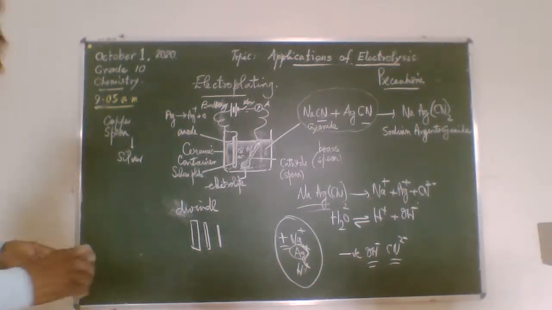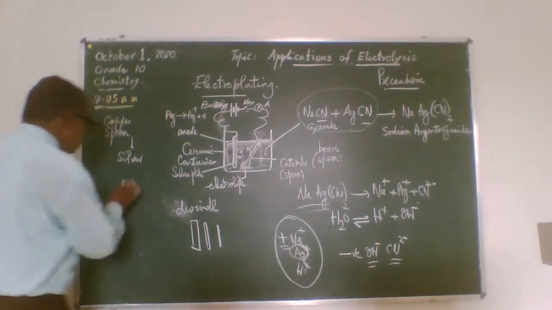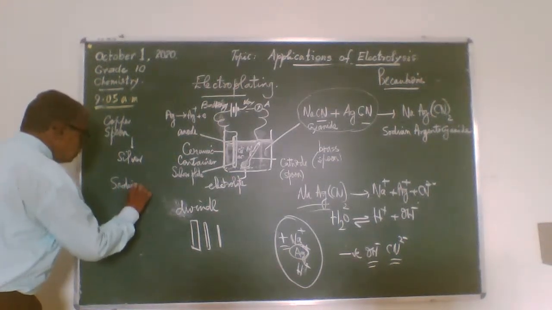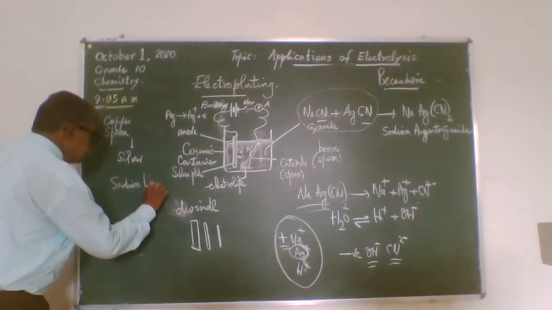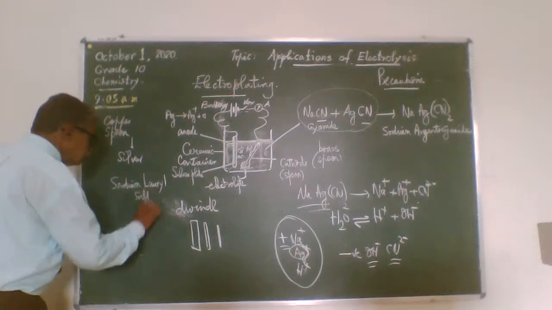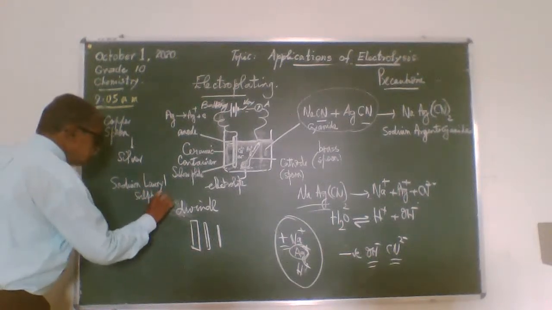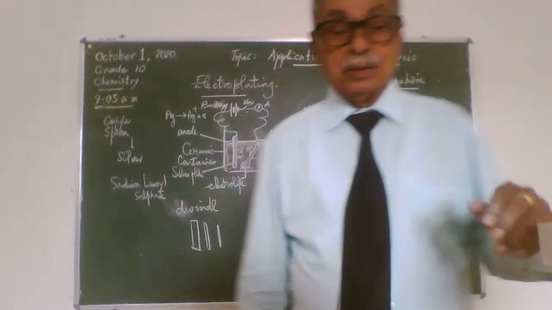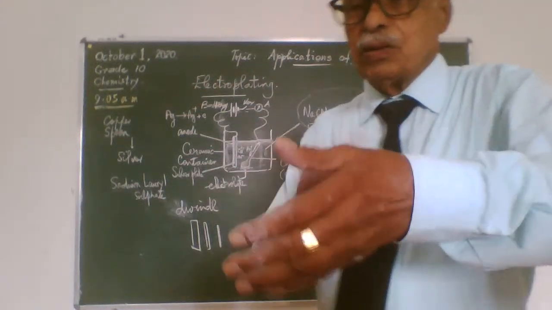The chemical name of the detergent is usually sodium lauryl sulfate, and that is used for washing.